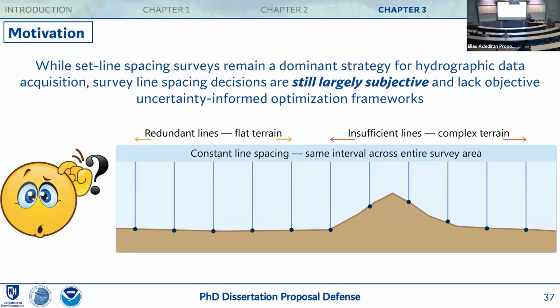But the survey decisions about set line spacing are largely subjective, maybe based on rule of thumb or operational constraint. So there is no objective framework that drives how we set the lines that we use.